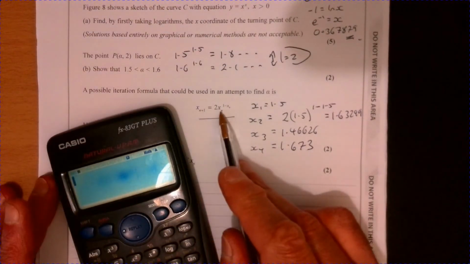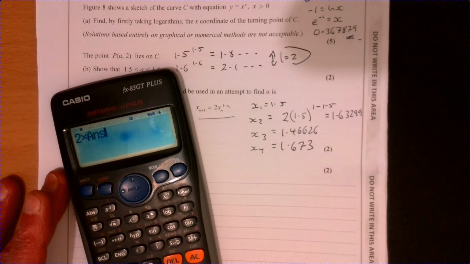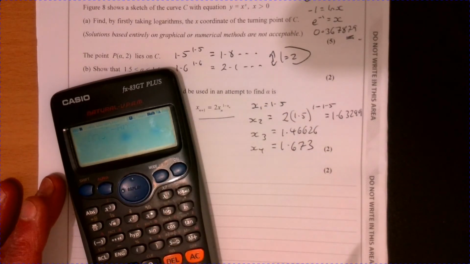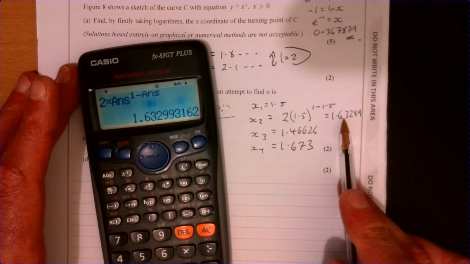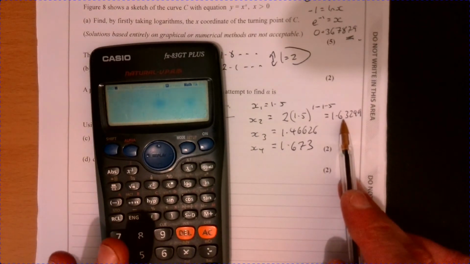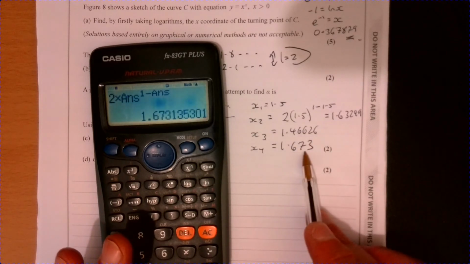Then type 2 to the power of, then 1 minus the answer. The beauty of this is that you can just repeat it. I get that, which was x2. Press it again, that was this one. Press it again.